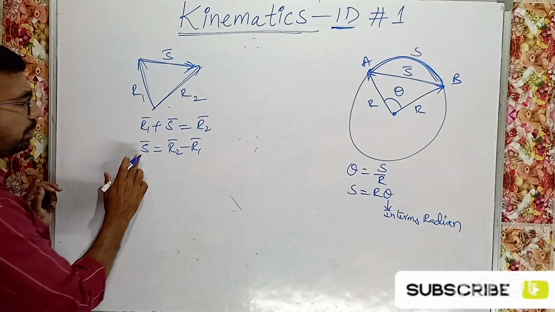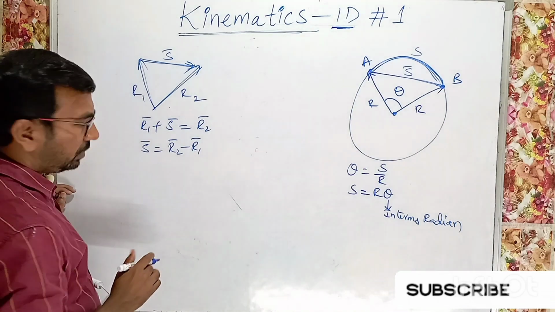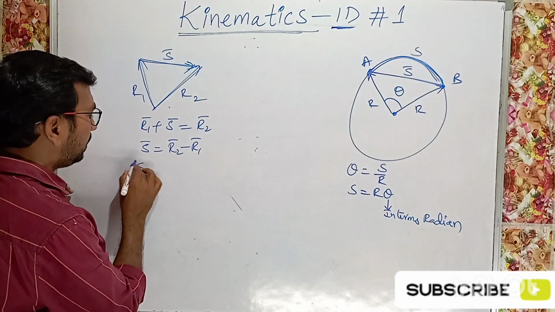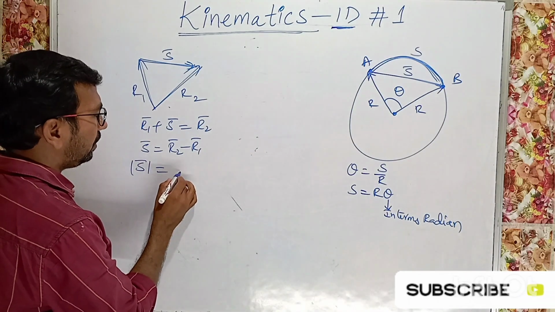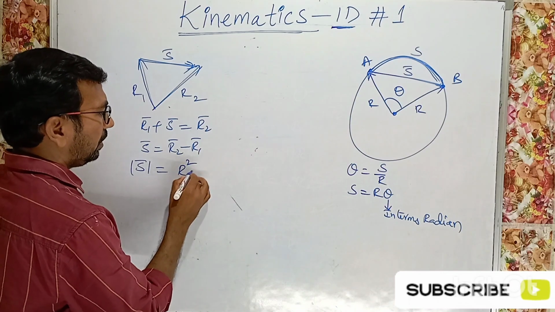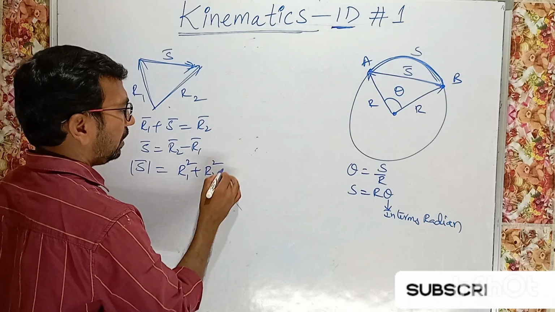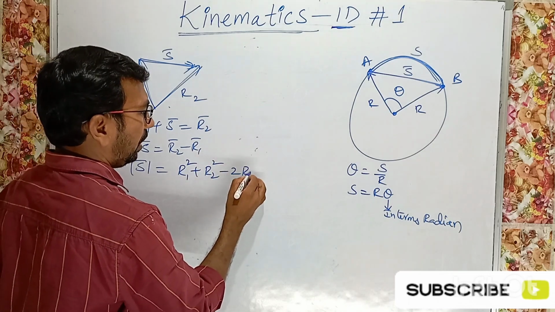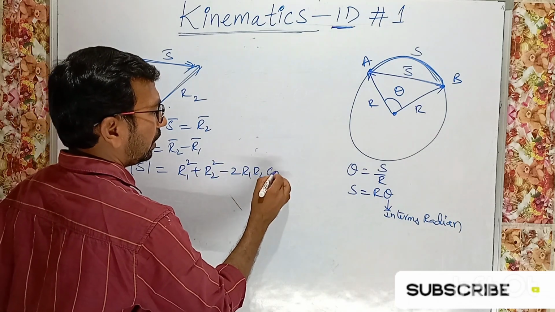You can find out the magnitude. So the magnitude of displacement is root of r1 square plus r2 square minus 2 r1 r2 cos theta.